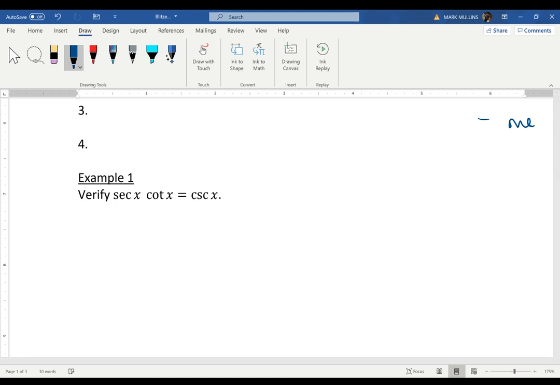Another thing that's sometimes helpful is to put everything in terms of sine and cosine. So I'm going to rewrite the secant of x as 1 over the cosine of x. And then my cotangent, I know that tangent is sine over cosine, so cotangent is cosine x over sine x. And I'm only working on that left-hand side, equals cosecant x.